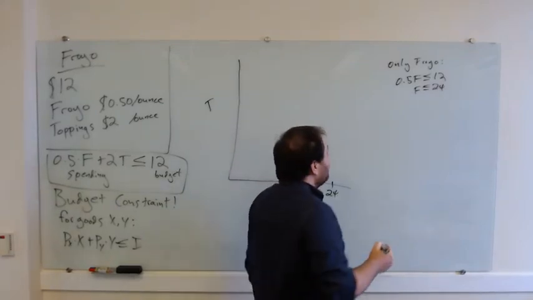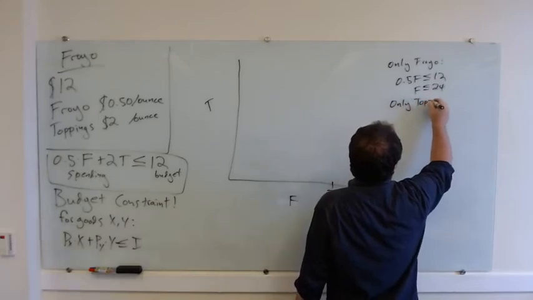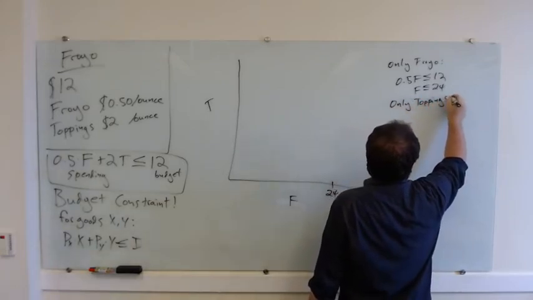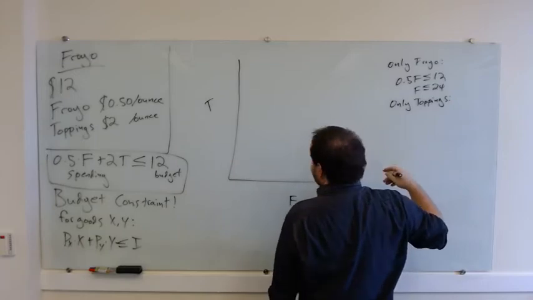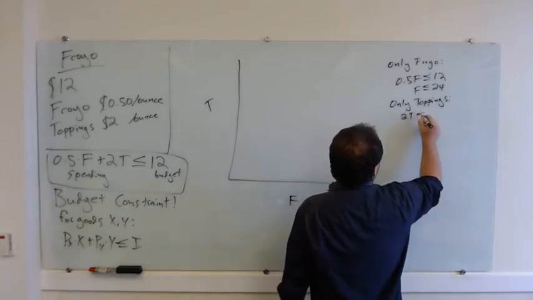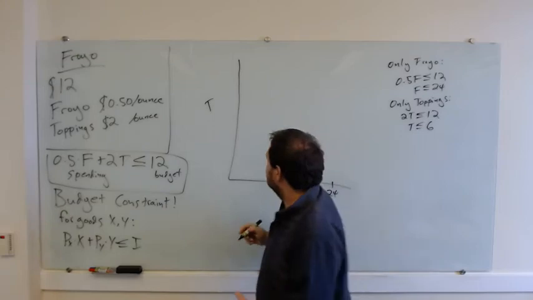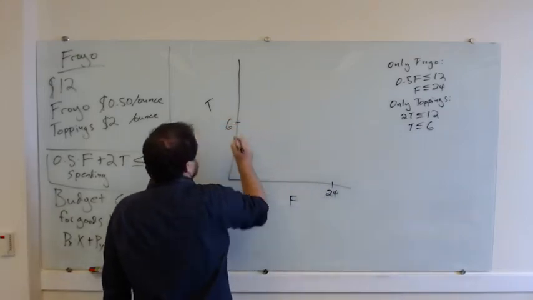And if we only bought toppings, right, then we would say, well, now froyo is going to be 0, so we'd have 2t less than or equal to 12, t less than or equal to 6, right? So if we only buy toppings, we can afford up to 6 ounces of toppings.